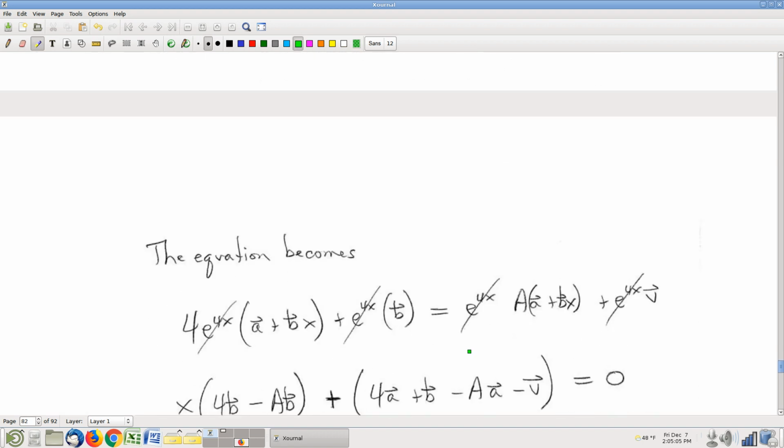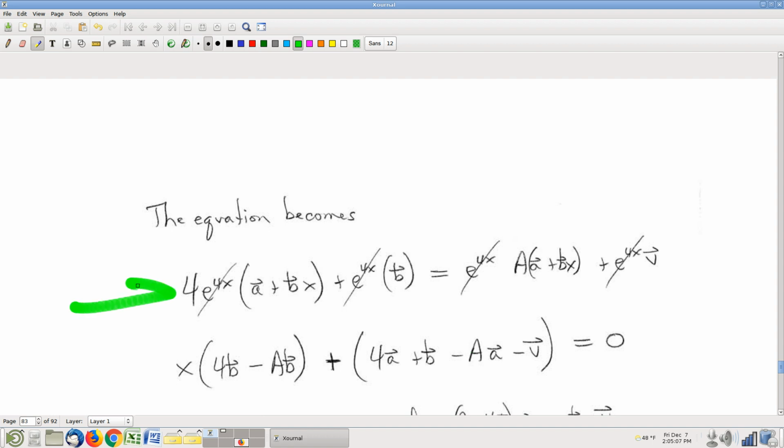So here we go. Plug that into the equation. The equation turns into this. That's algebra, again, glossing. Make sure you can do that on your own. The common factor of the exponential in all of the terms cancels. Now there's a bunch of terms in here, and you've got to group together the like powers of x. Here is a term that has an x in it, and here is another term that has an x in it.